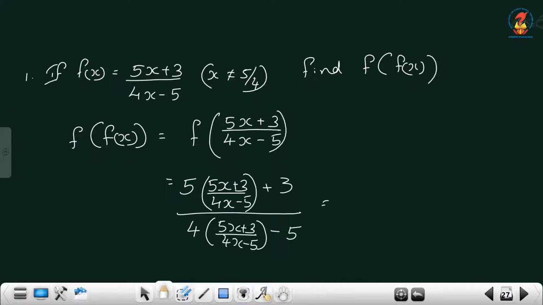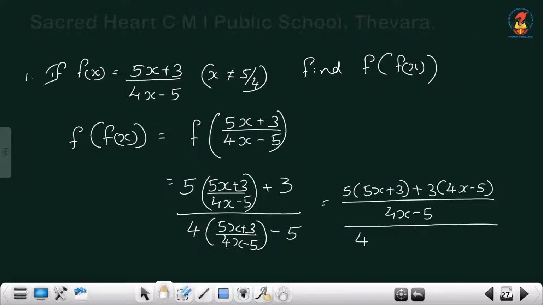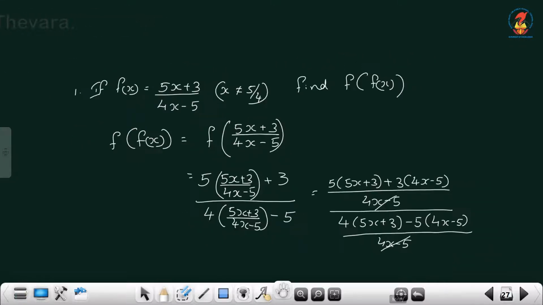Correct? Now simplify that. So 5 into (5x plus 3) plus 3 into (4x minus 5), divided by 4x minus 5, and again by 4 into (5x plus 3) minus 5 into (4x minus 5), by 4x minus 5. So this is cancelled.